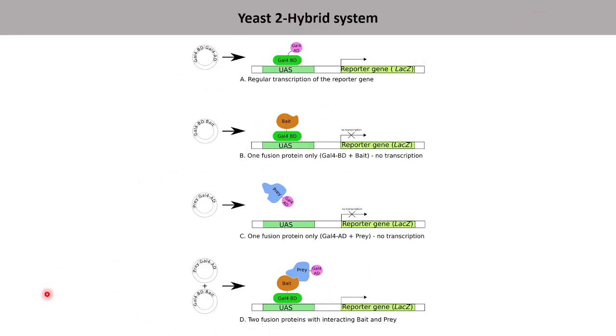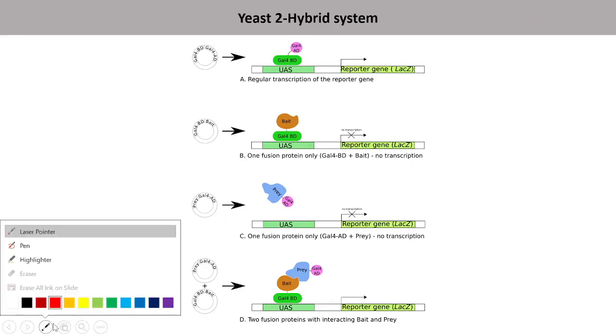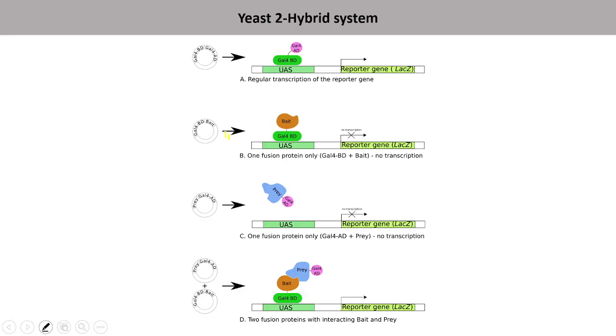In the first situation, this is a GAL4 DNA binding domain. This binding domain will have a site for an activating domain.